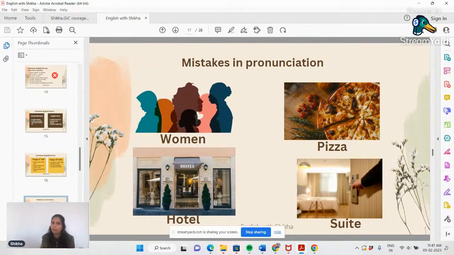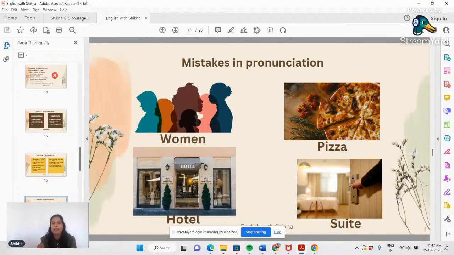There is a spelling difference and a pronunciation difference. Ship means jahaj, right? And sheep, in Hindi we say bhed, right? So if you pronounce ship as sheep, people will misunderstand you. In the same way, if you pronounce sheep as ship, again people will misunderstand you.